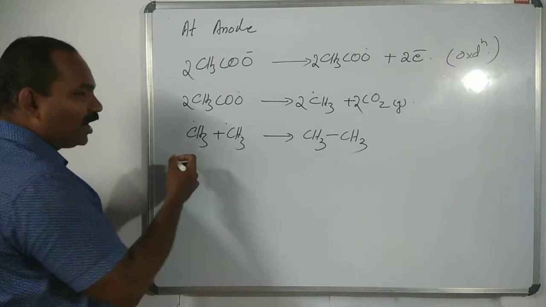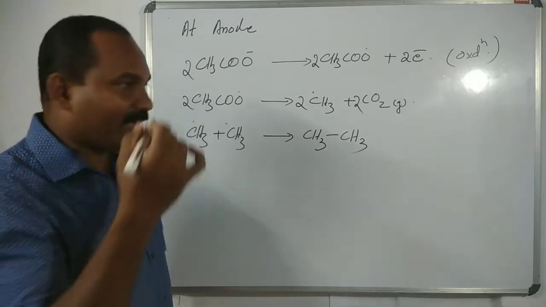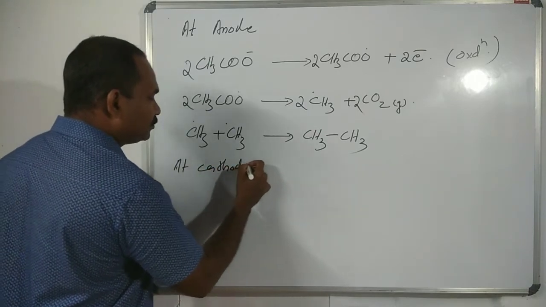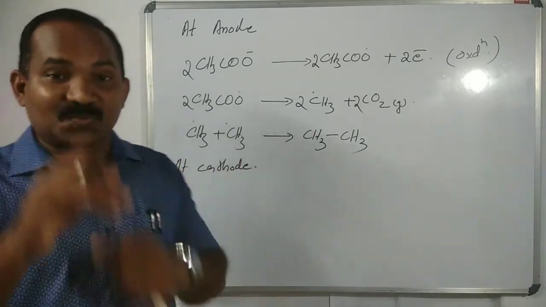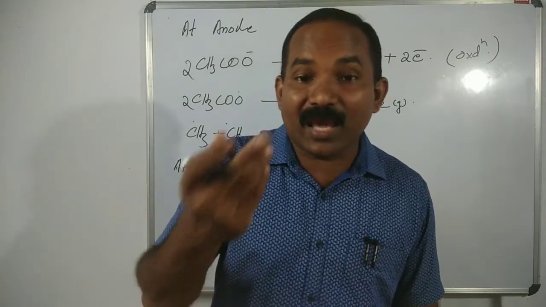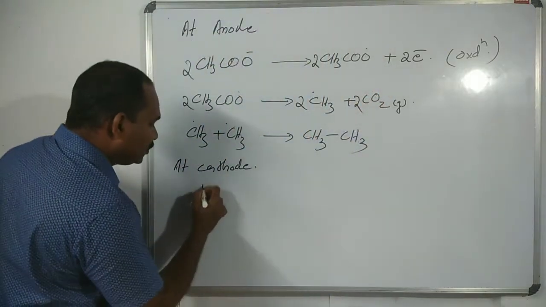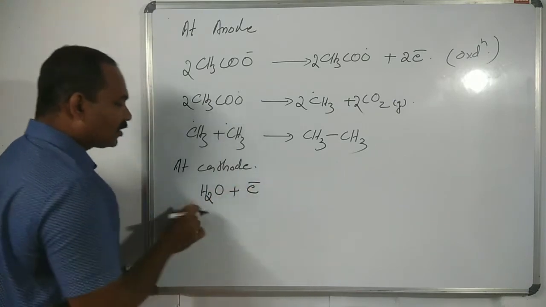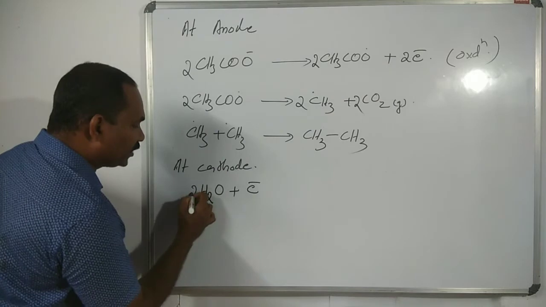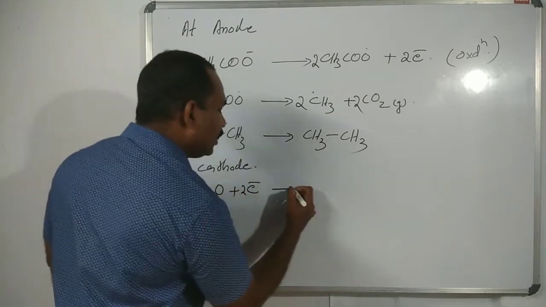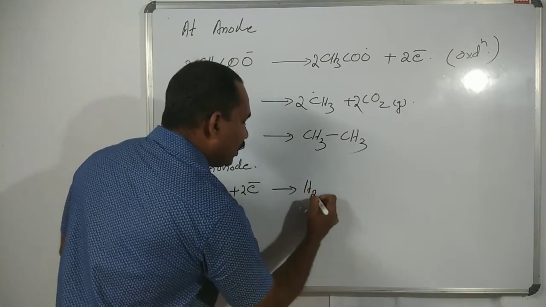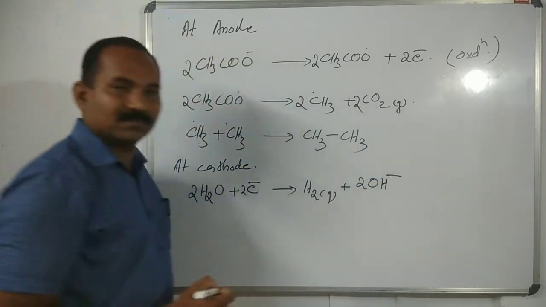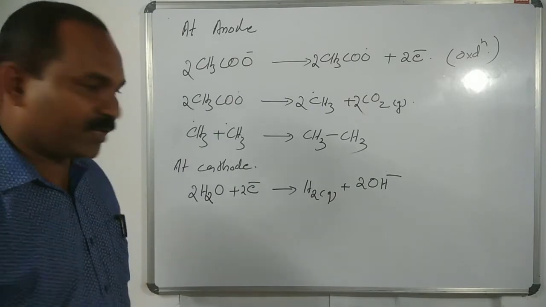And at the cathode, reduction takes place. What is reduction? Gaining of electrons. So you take 2 H2O plus 2 electrons, which gives H2 gas plus 2 OH minus.